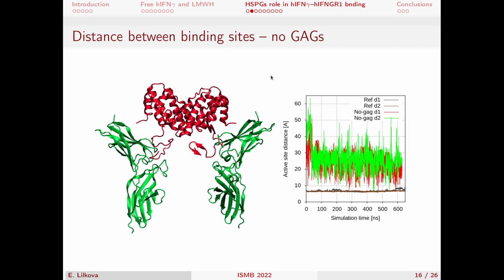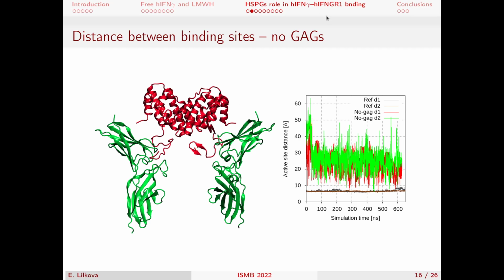We monitor the distance between the binding sites in the receptor and the cytokine at the two sites of the signaling complex. In the reference simulation, these distances had values of about 7 to 8 angstrom.